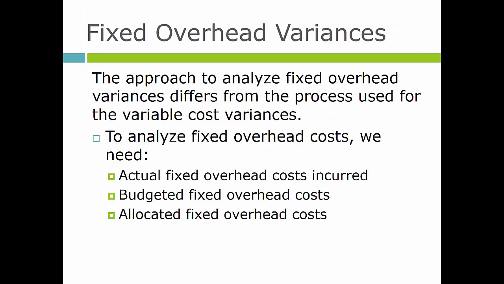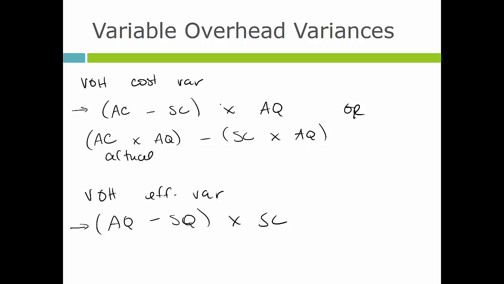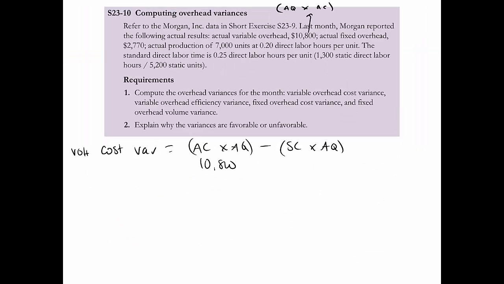But otherwise, you could use it like this, if that's how you have the data. But in this case, since they gave us the actual, it's easier to use the long form of the same formula. So that minus, what I need here is the standard quantity, or the standard cost, which will be those predetermined rates that we used, okay?